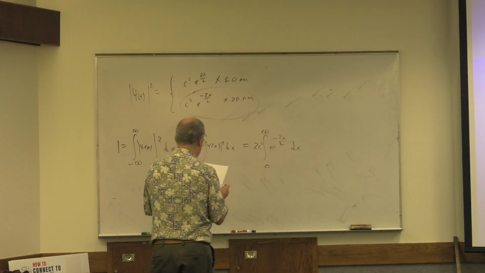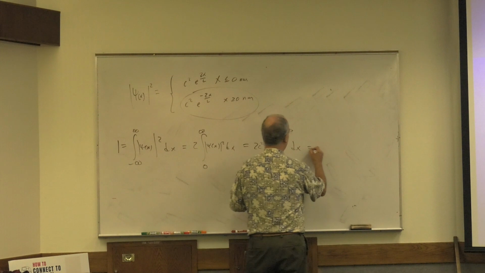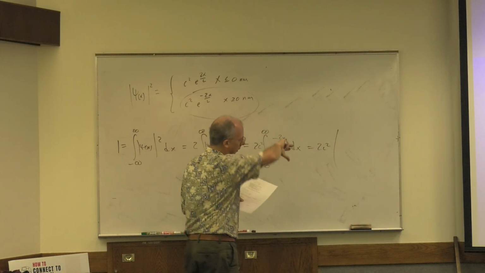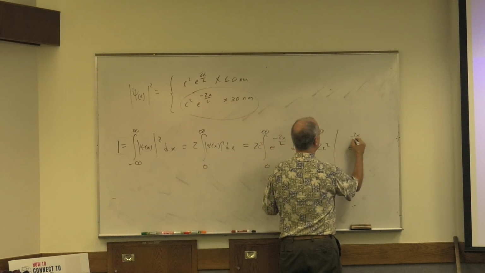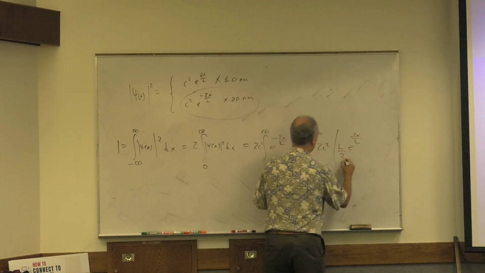All right, that's cool. Let's see if I did it right. Yep, I did it right. So 2c squared. What's the integral of e to the minus 2x over L? You flip it, and so it's the same, e to the minus 2x over L. Then you flip this guy, so it's L over 2.